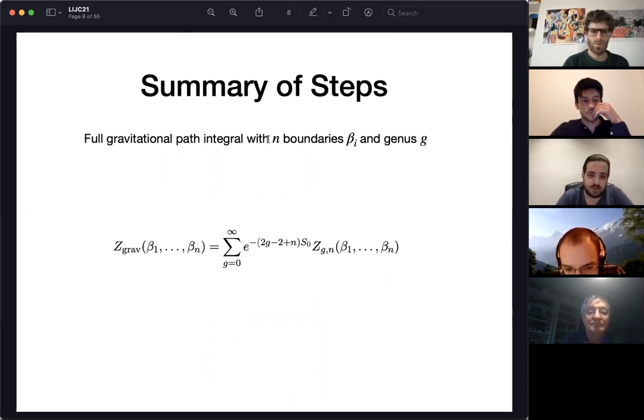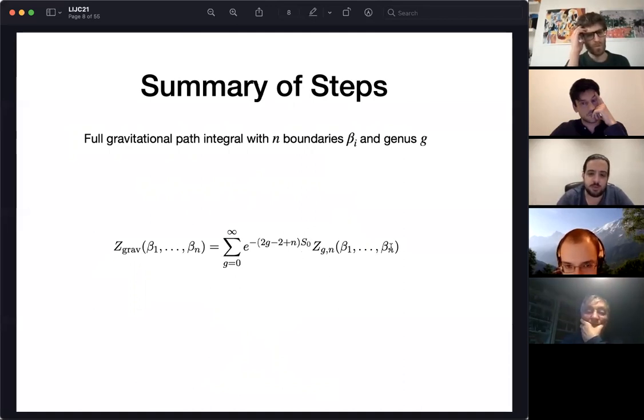First, we have this number of boundaries, and it's useful to focus on a contribution at fixed genus, g. The reason is that we can expand this path integral as a sum, where you can think of e to the minus S_0 as a sort of string coupling, weighting higher genus contributions.